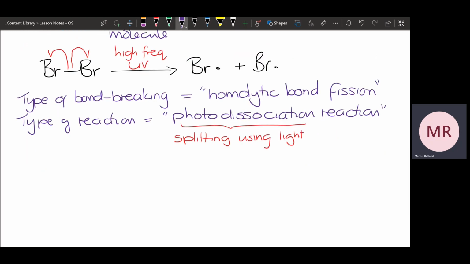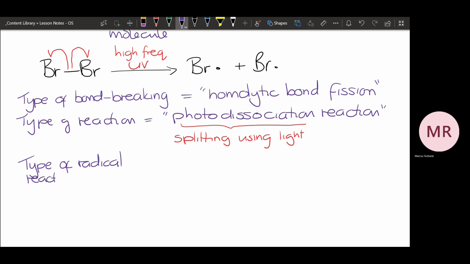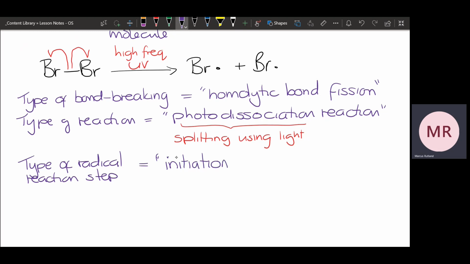And then finally, it's the type of step in a radical reaction. This is some new vocab, and we'll just summarize this later, but it's an initiation step for a radical reaction. Why?